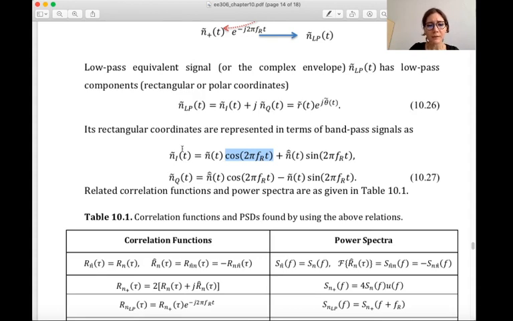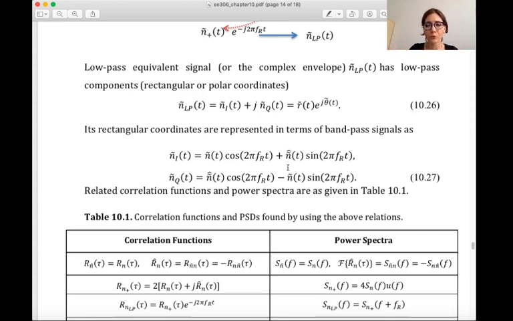So what's happening is the random variables that you're forming in this way from ni and nq, they are all obtained by taking linear combinations of these jointly Gaussian random variables. The first one comes from the samples of n of t, and the other one comes from the samples of n hat. So you take linear combinations of jointly Gaussian random variables. At the end, you get jointly Gaussian random variables.